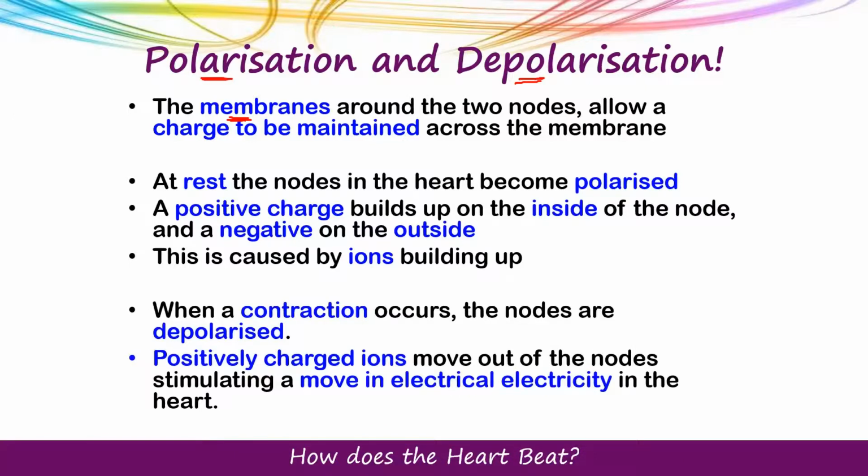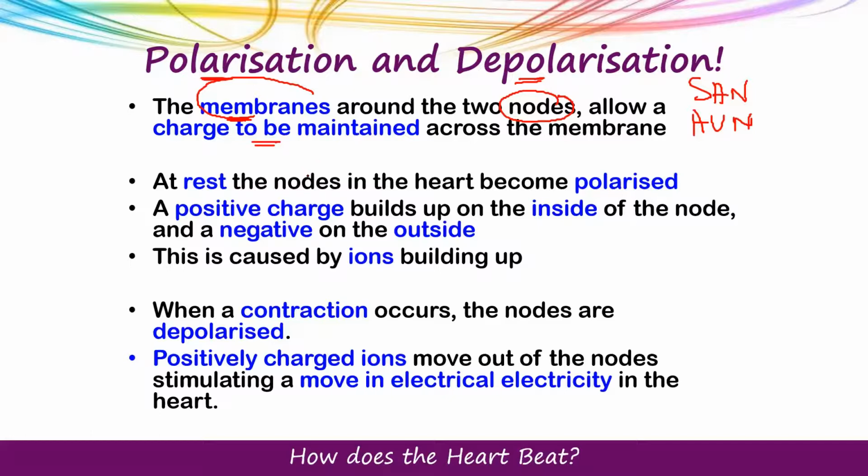The membranes around the two nodes, the sinoatrial node and the atrioventricular node, maintain a charge across the membrane.